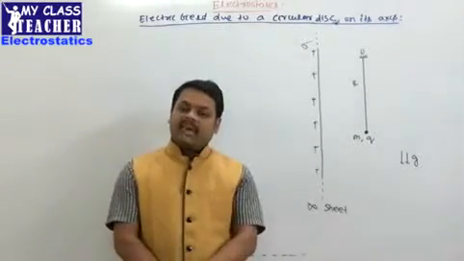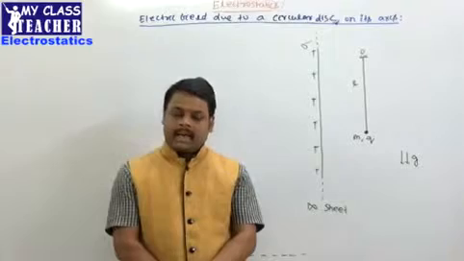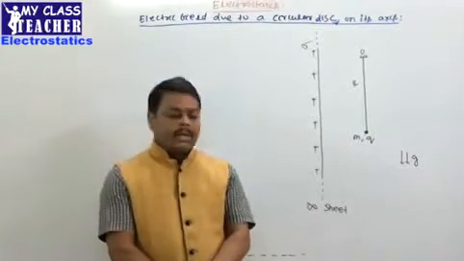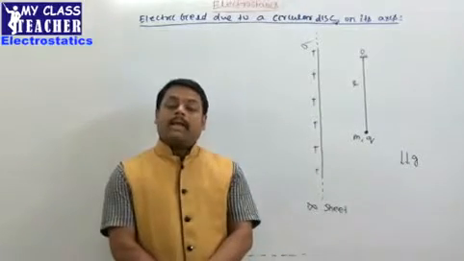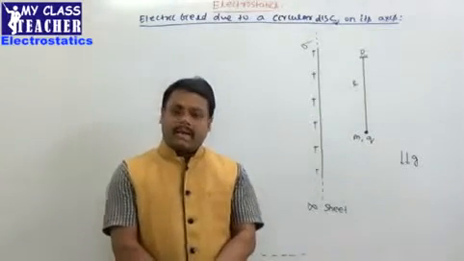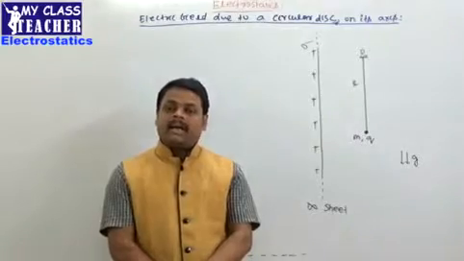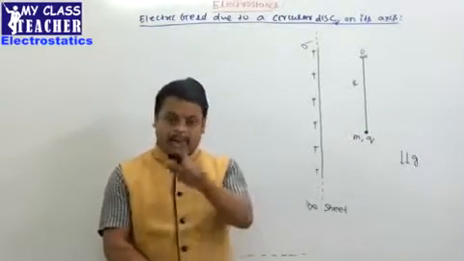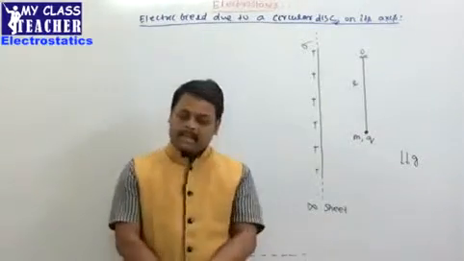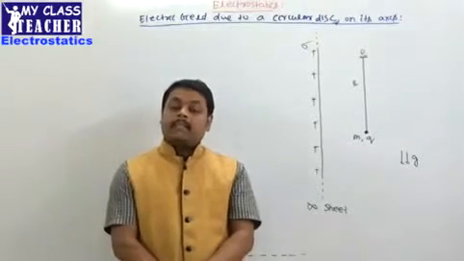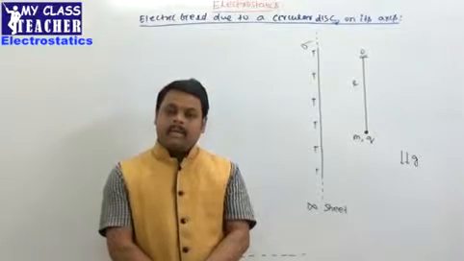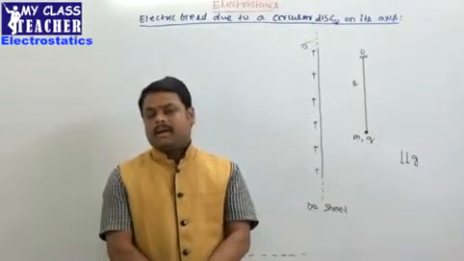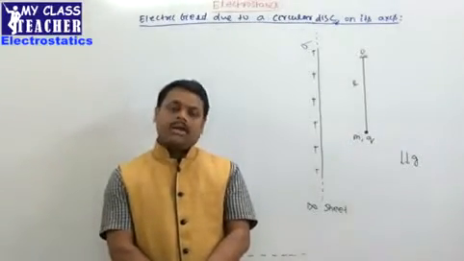Part B: calculate the maximum angular deflection of the string. This is part B, very important. And part C: calculate the maximum speed attained by the particle. Try karo.